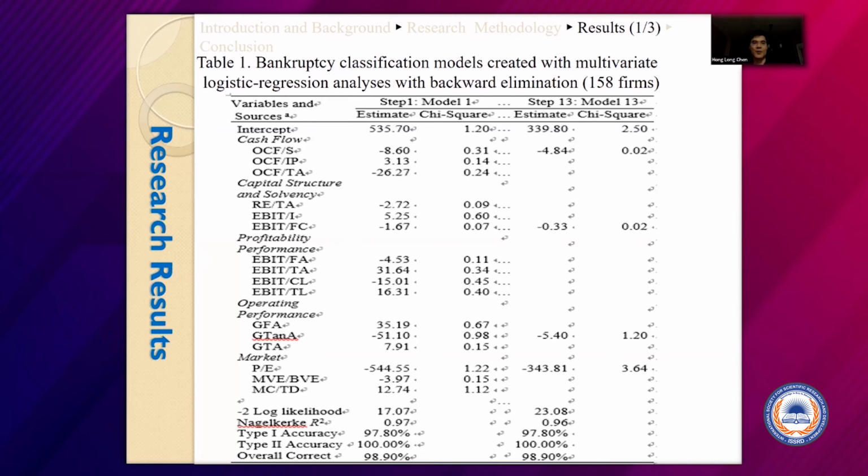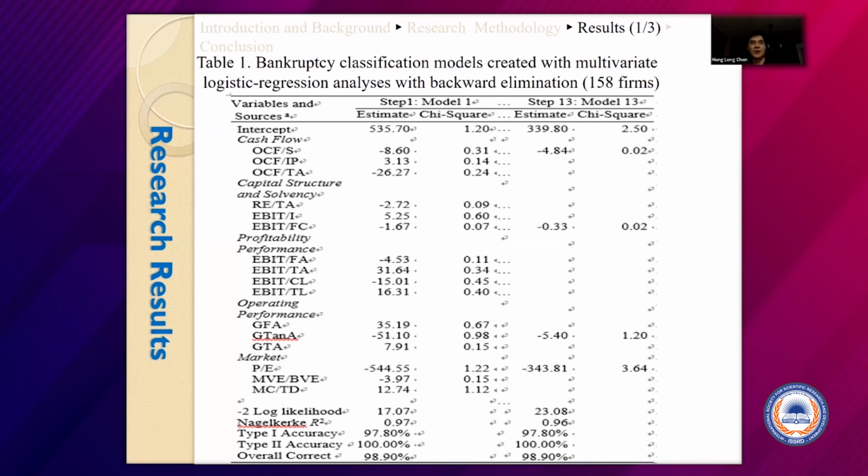From the cash flow category, there is 1 variable. Capital structure and solvency, 1 variable. Profitability performance, well, there is no variable. Operating performance, we have 1 variable right there, and market, there is also 1 variable. So basically, this model includes, in the final form, 4 variables.